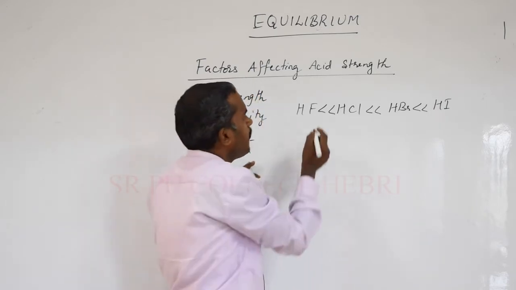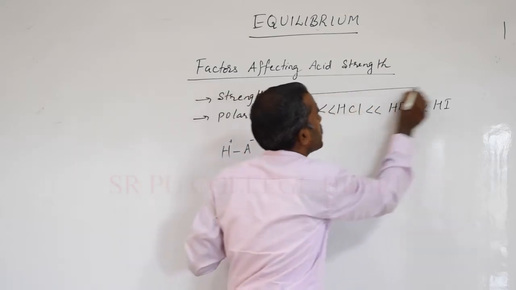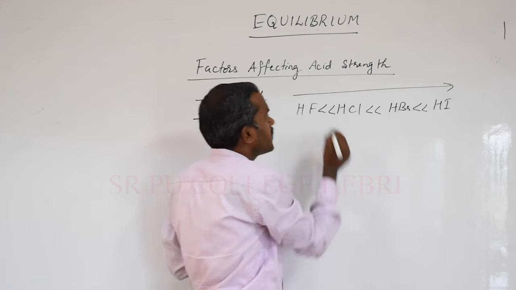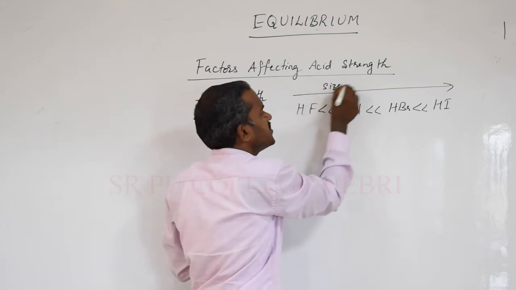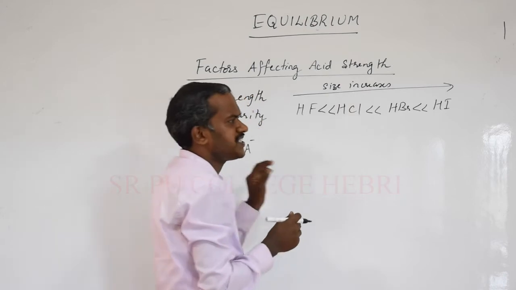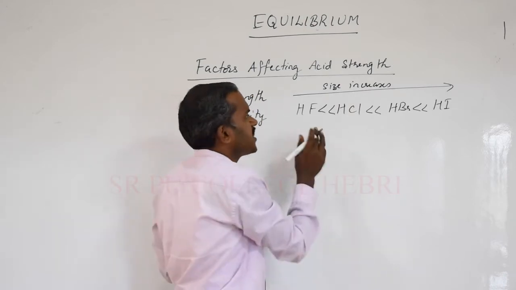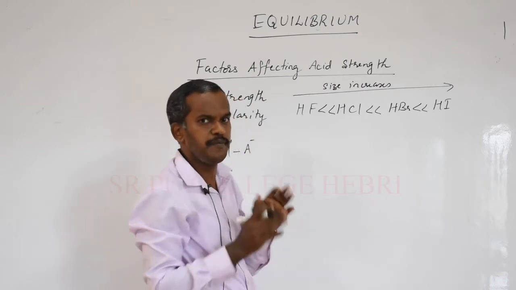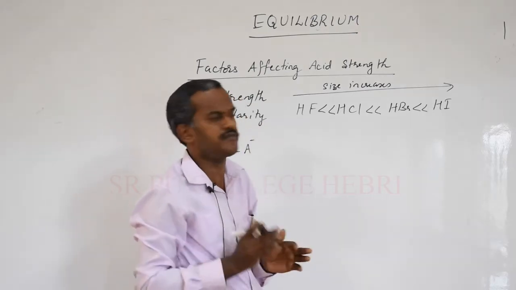From HF, HCl, HBr to HI, the size increases. When the size increases, acidic strength increases. In this case, acidic strength increases with size, which means it is decided by the strength of the bond.